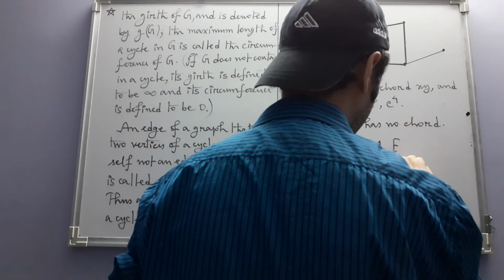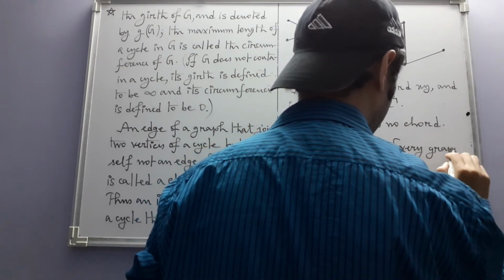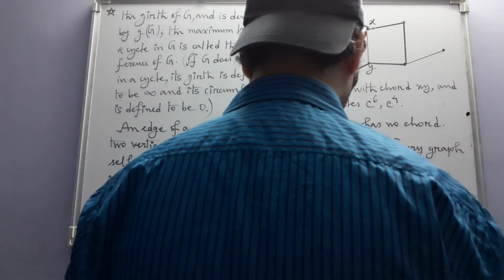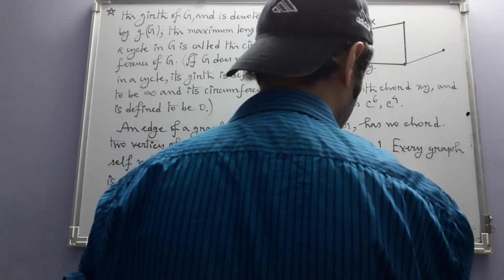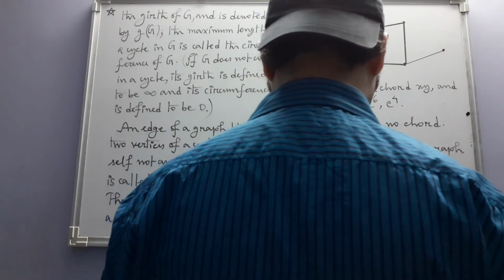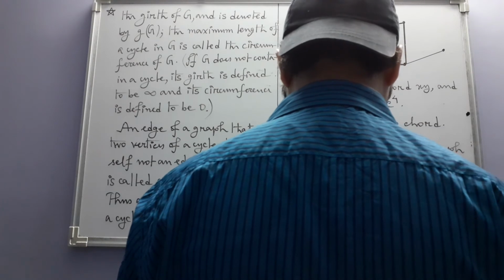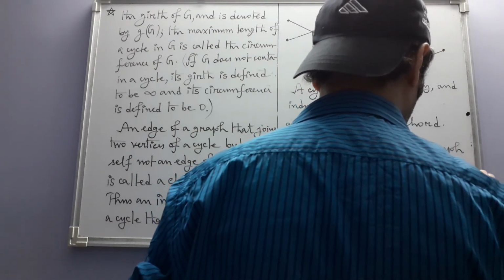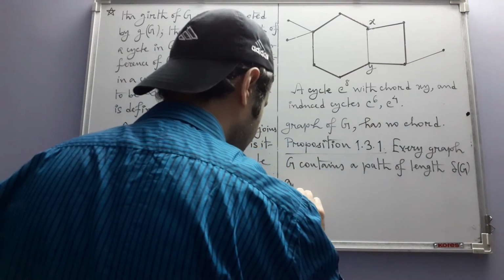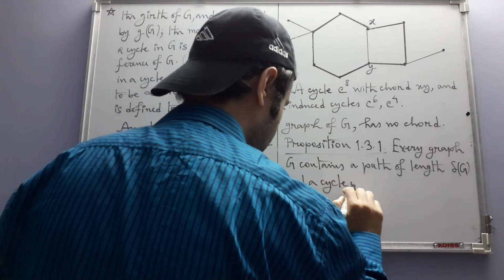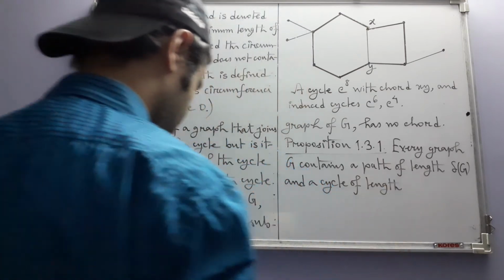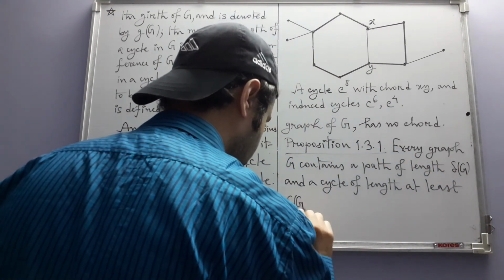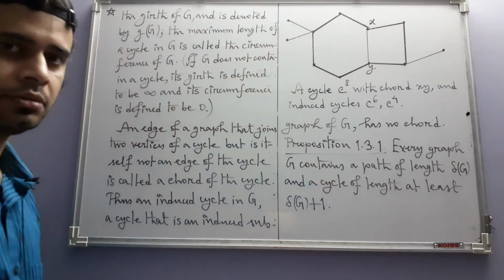Every graph G contains a path of length delta G and a cycle of length at least delta G plus 1, where delta G is the minimum degree of the graph.